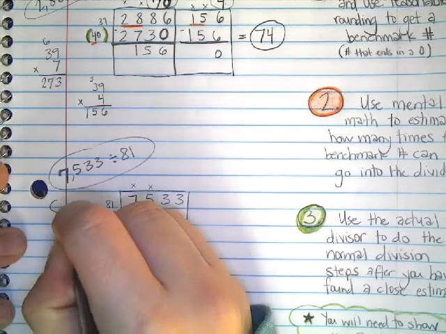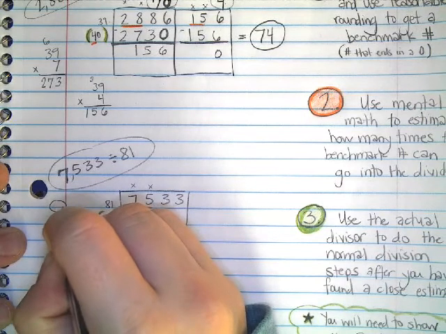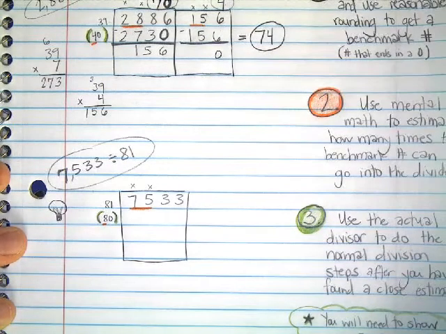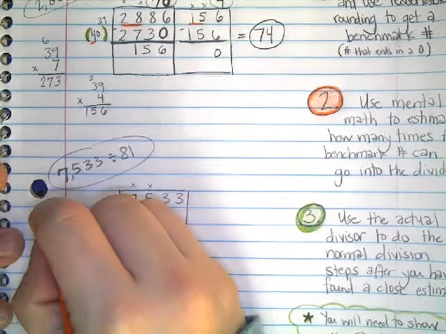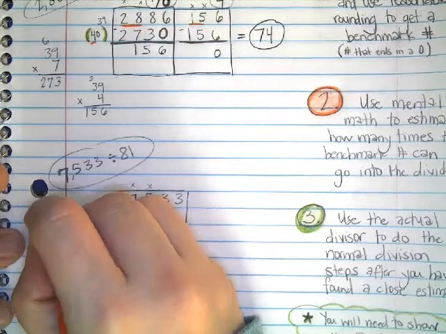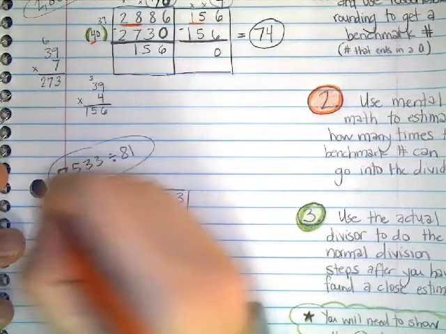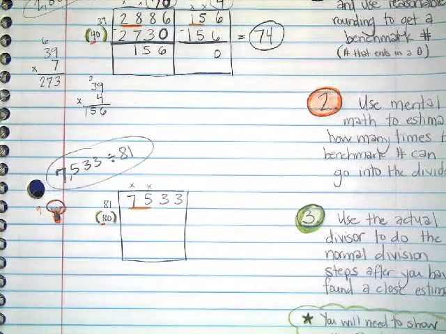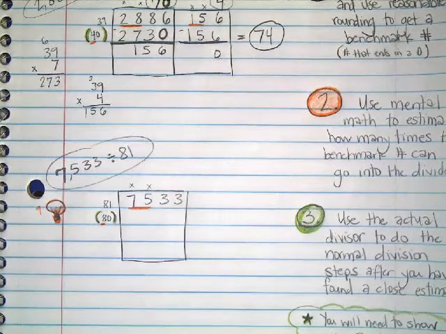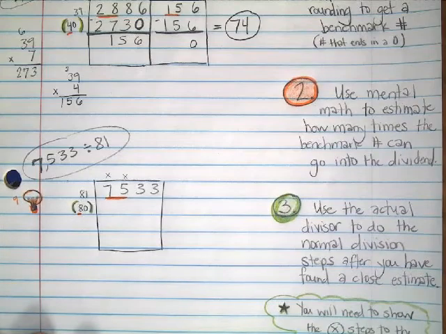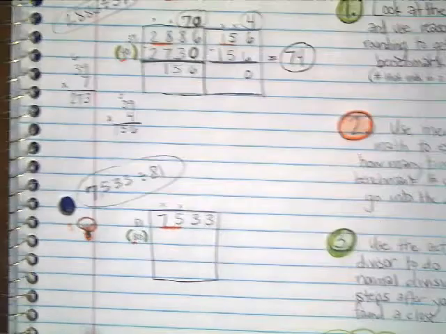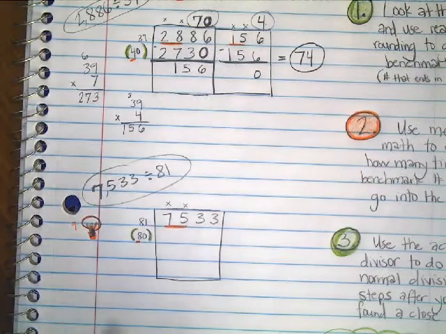So I'm thinking 9. I'm going to draw a light bulb here, because I want to make sure you understand it's not that I do 80 times 9. It's just that I think 9 will work. So I write a little 9 to the side.